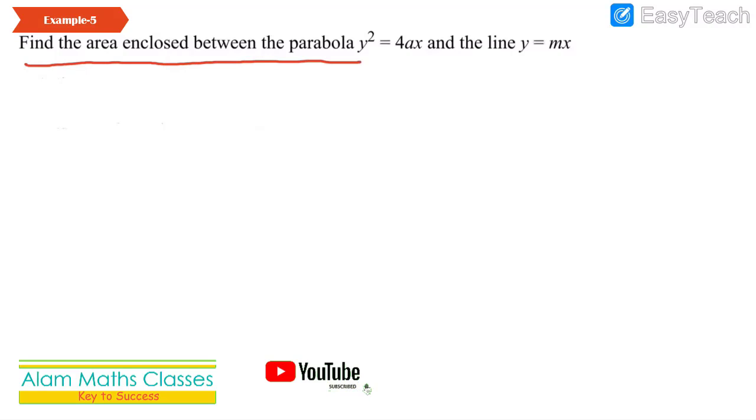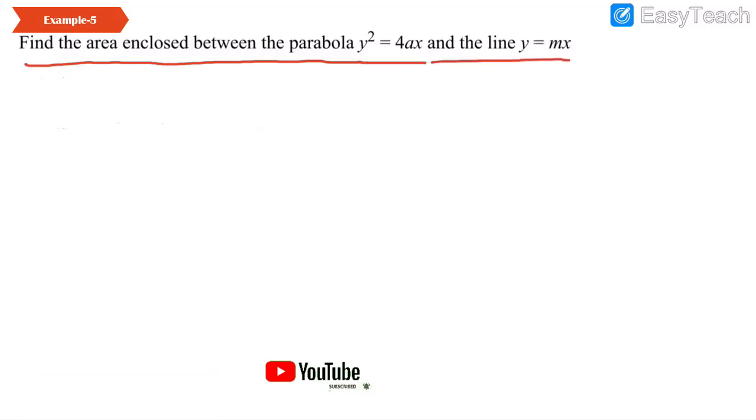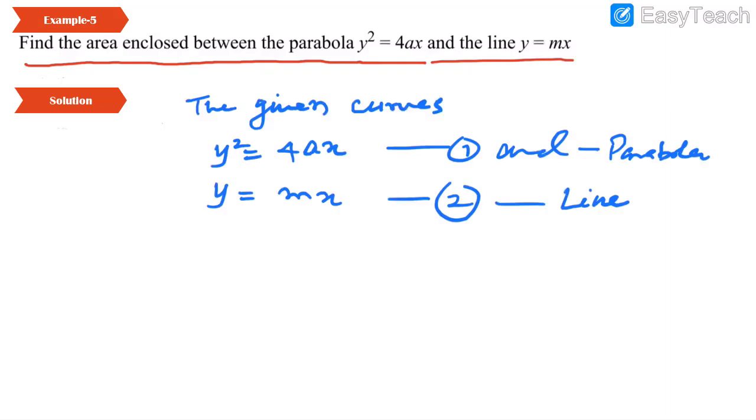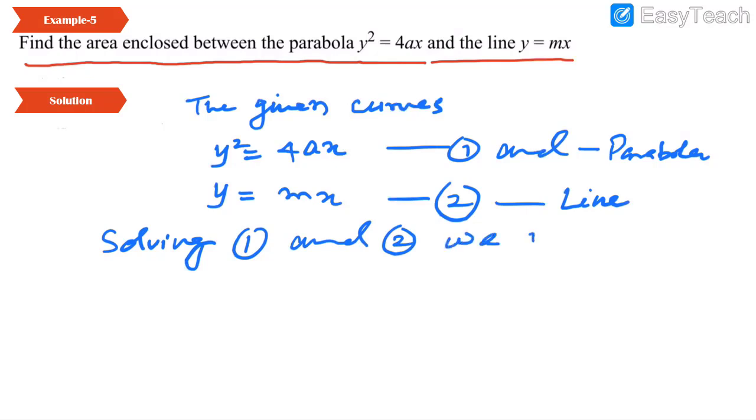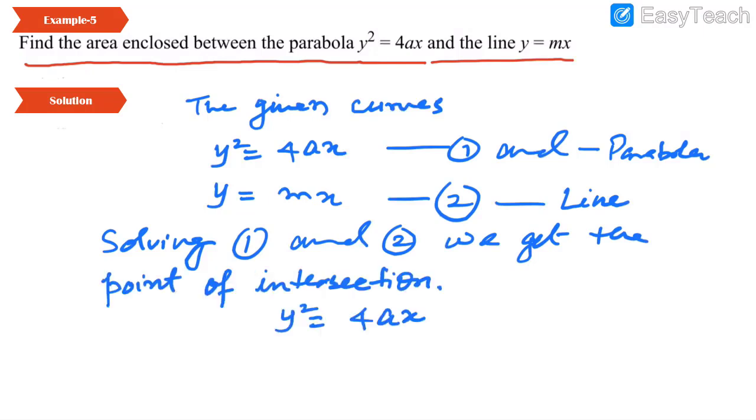In this example, find the area enclosed between the parabola y square is equal to 4ax and the line y is equal to mx. The given curve y square is equal to 4ax is the equation of a parabola, and y is equal to mx is the equation of a line passing through the origin. So after solving equations 1 and 2, we get the point of intersection. Putting the value of y is equal to mx in the parabola y square is equal to 4ax, mx whole square is equal to 4ax.